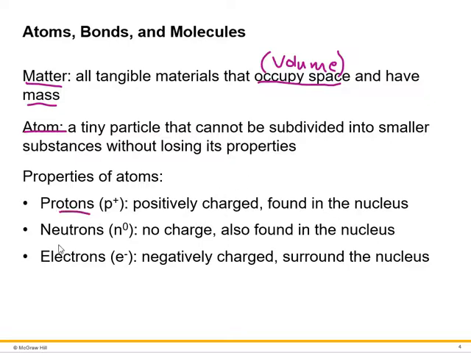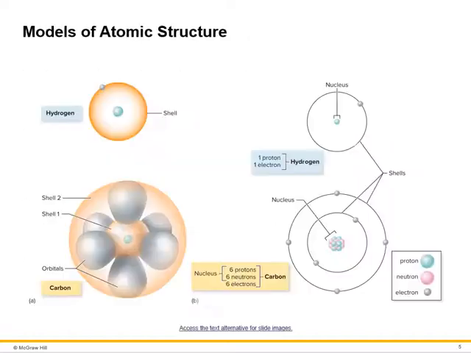And we talked about the properties of atoms. They have these 3 subatomic particles: protons, positive; neutrons, neutral; and negative electrons. These are found in the nucleus, and the electrons are found surrounding the nucleus. So these are some models of the atomic structure, and you can see the hydrogen atom they're showing you here with the electron shell, and there's just one electron shell, and it is a spherical orbital.